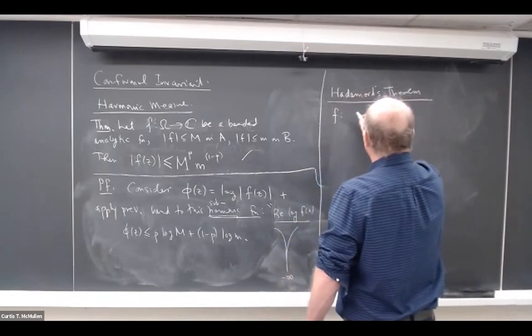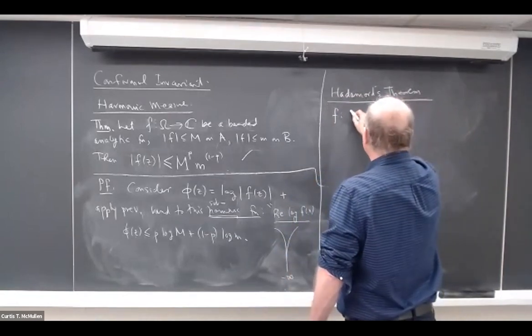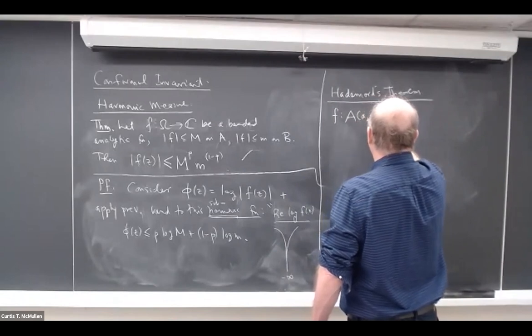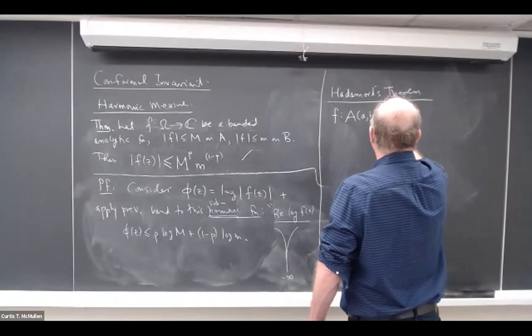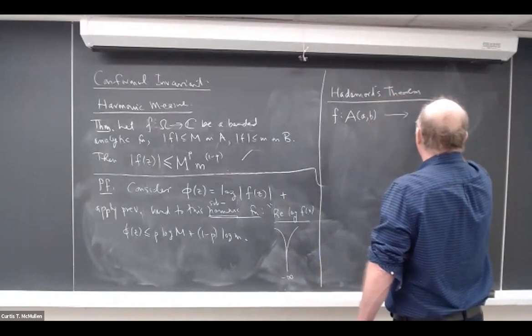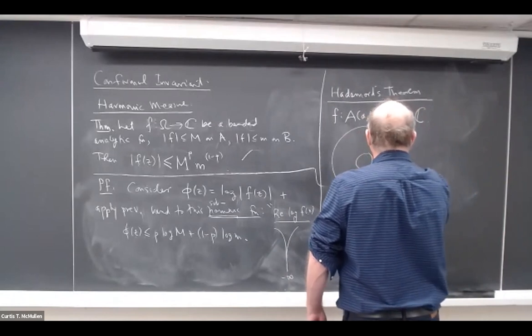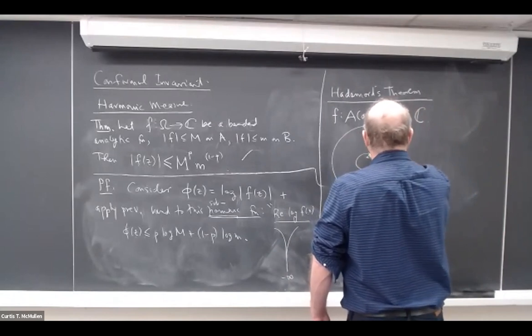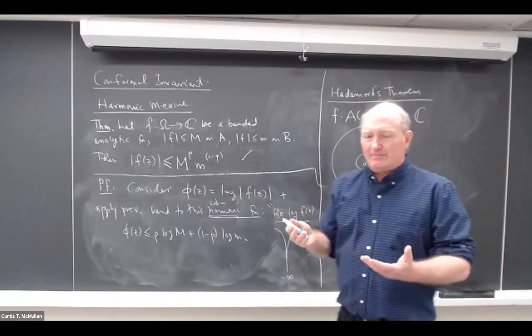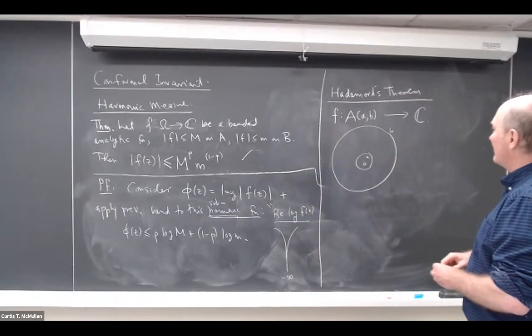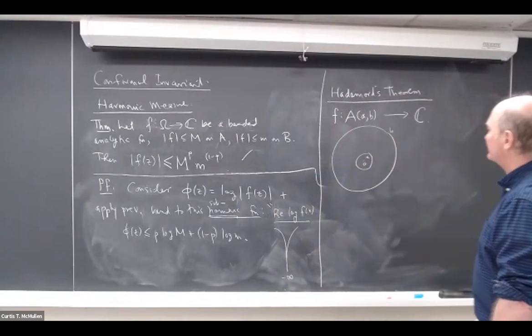Let's say it's mapping at least some annulus with inner radius a and outer radius b to the complex plane. So it's defined at least between two circles, the circle of radius a and the circle of radius b. Often people study entire functions using Hadamard's theorem, but we only need it to be defined in this region.